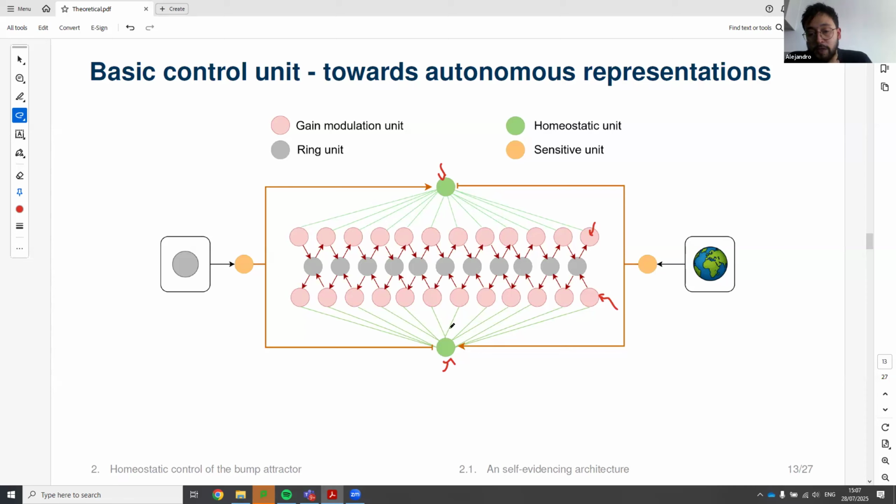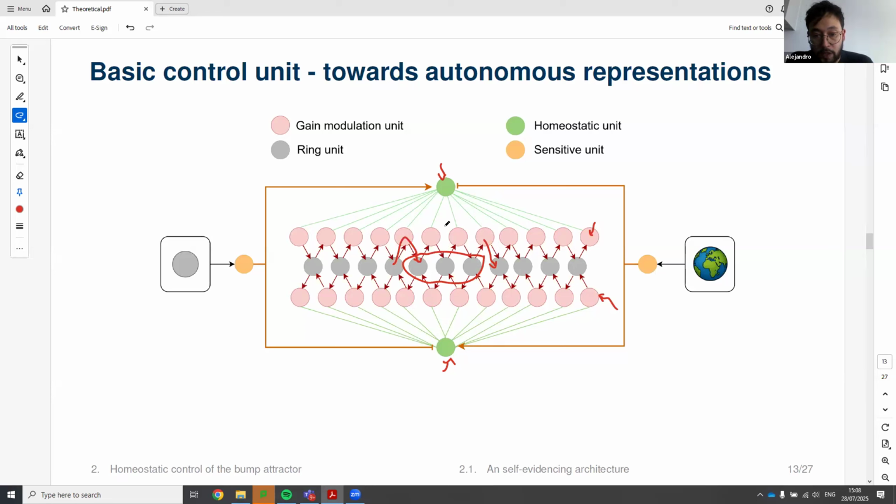These units will tell the network whether to move left or right. If you imagine the bump here, it will have the capacity of acting on this network once the conditions are right, and we receive some input from this network if something happens here, and the same in the other direction.